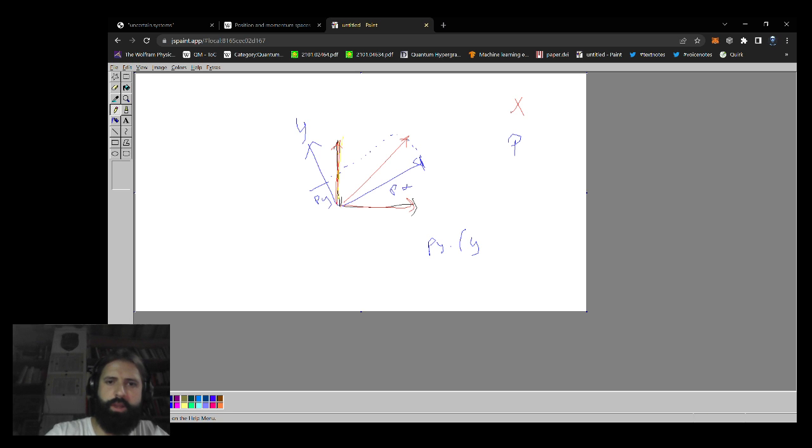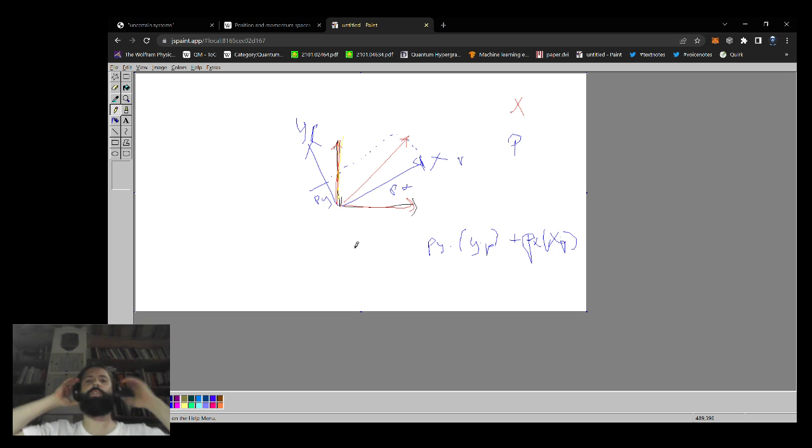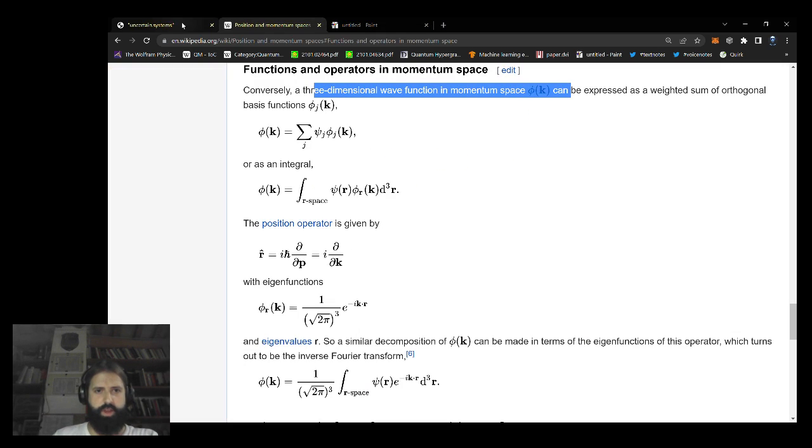This is y and this is x from a p perspective, plus px times the x basis. That's the point. These would be the basis vectors, in momentum space. That's all this is saying: you can always express it in some other basis.